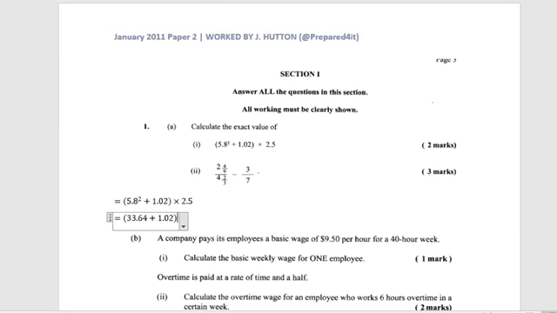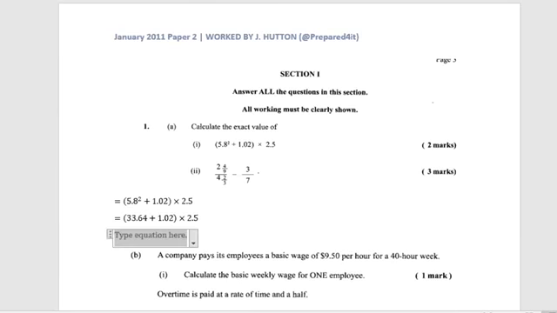Multiplied by 2.5. So now I'm going to work my bracket. What I'll have is 33.64 plus 1.02, and that will give me 34.66.